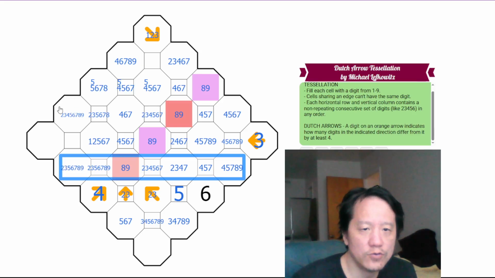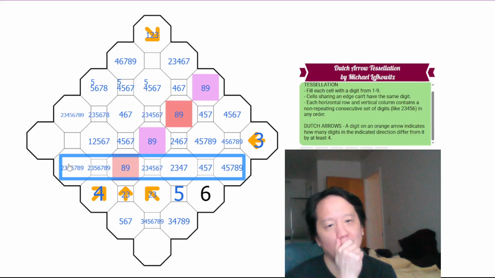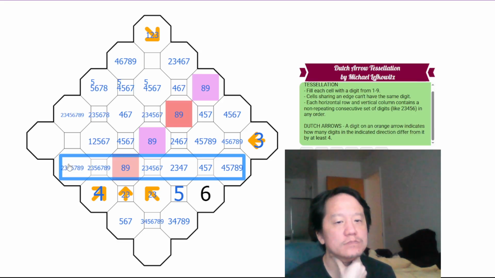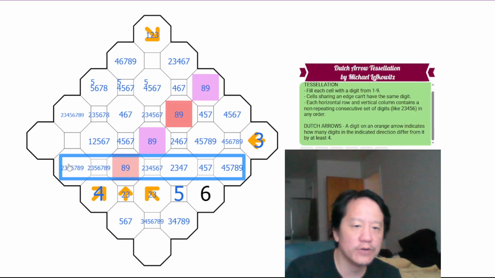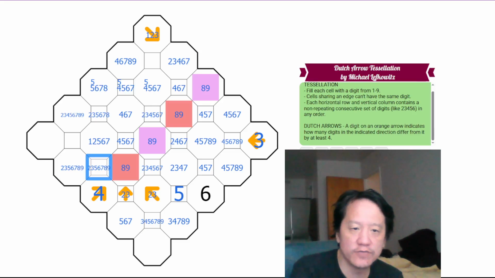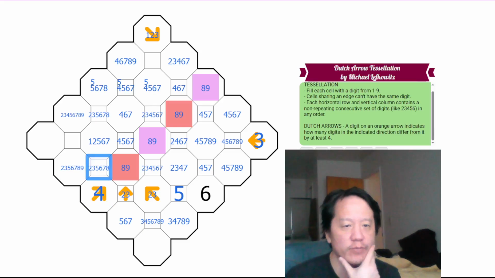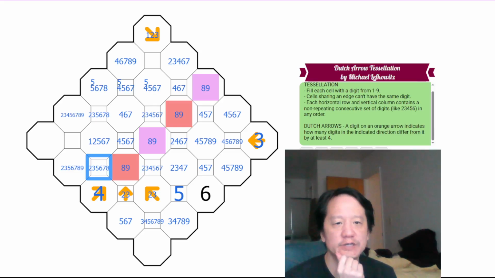In row 4 and 6, oh, you can't have a 9 here because 4 can only have a 5-length Renban up to 8, 4 through 8.